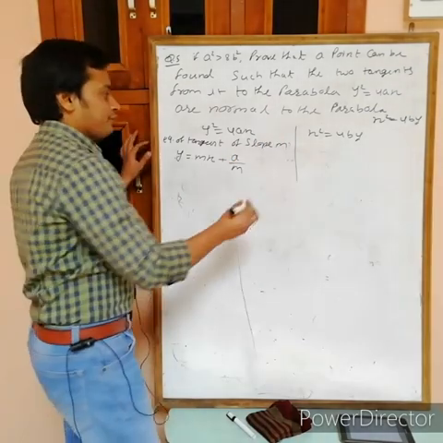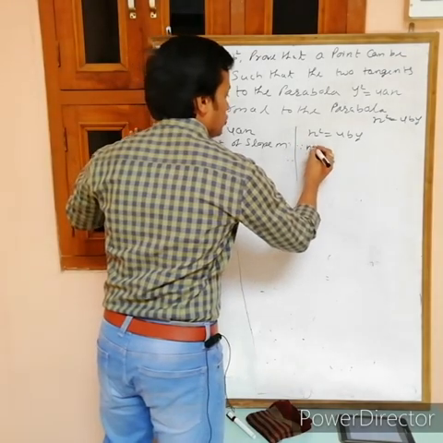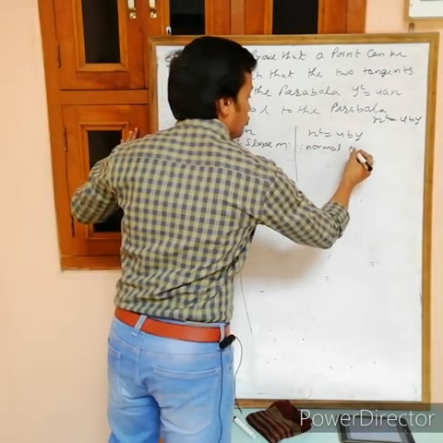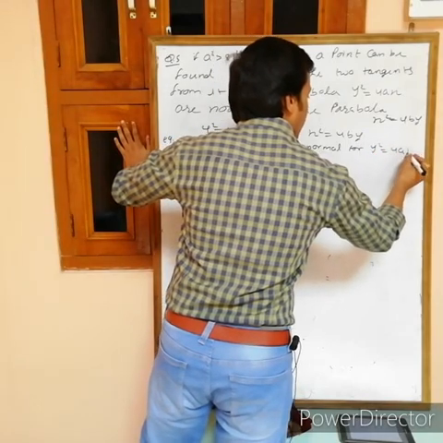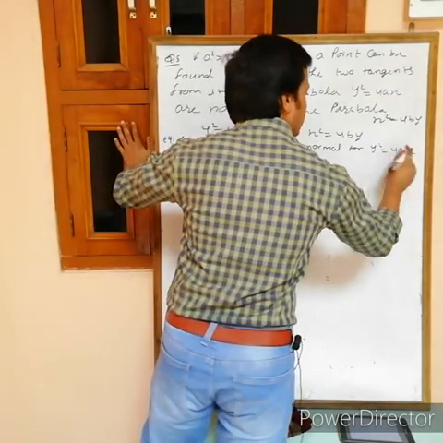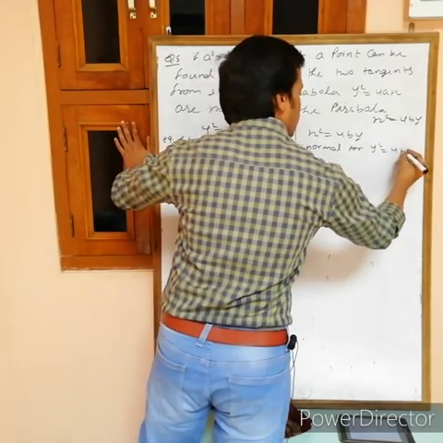Now see, the normal for y square equals 4ax, or suppose here we have b, so 4by.